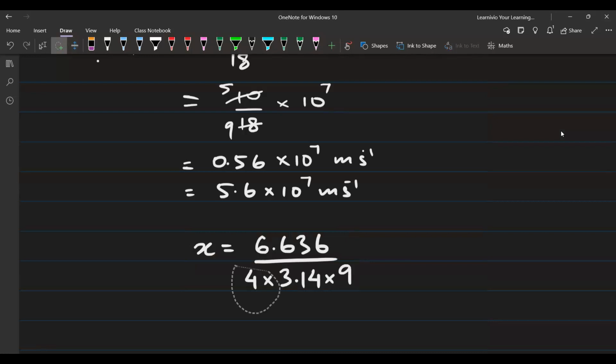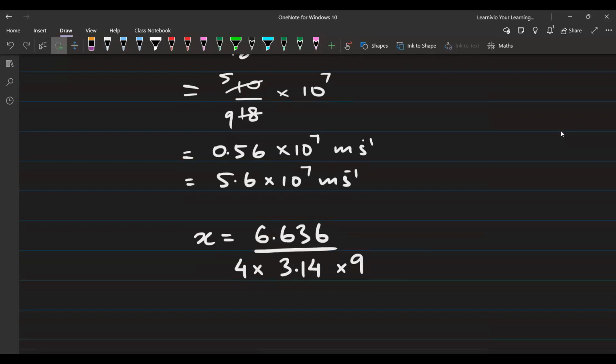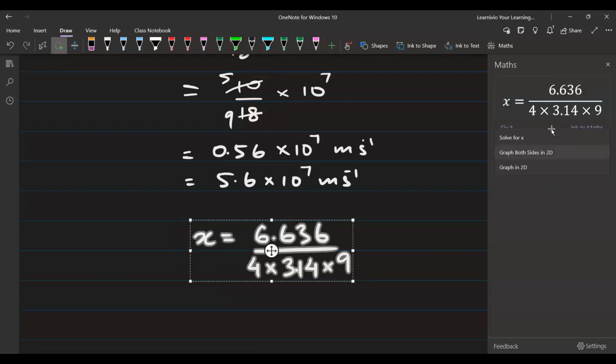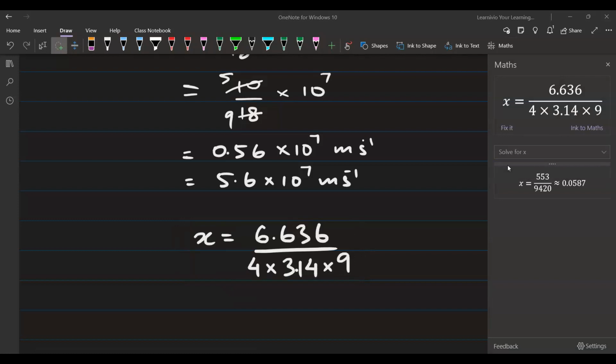Just give me a second. अब ठीक है, 3.14। देखिए कितना आ रहा है। अबीर, can you see that?